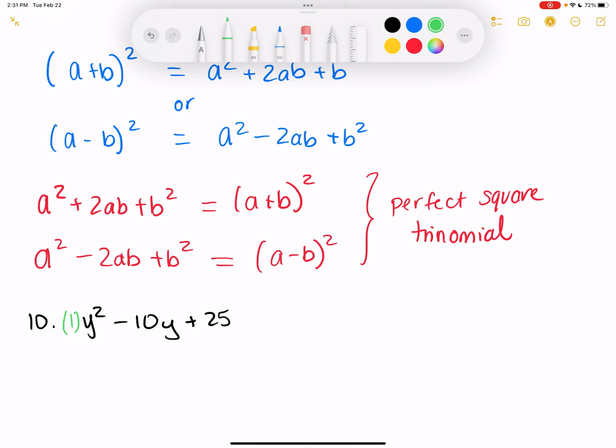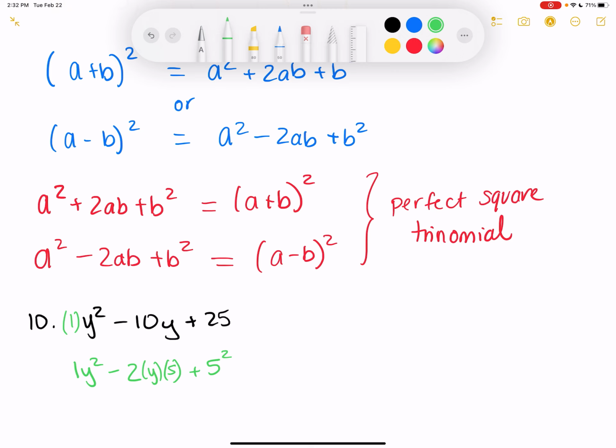This is what squared? 5. So that's 5 squared. So this is 1y squared. Then this middle term is 2 times a, which is 1y or just y, times b, which is 5, which factors into that.